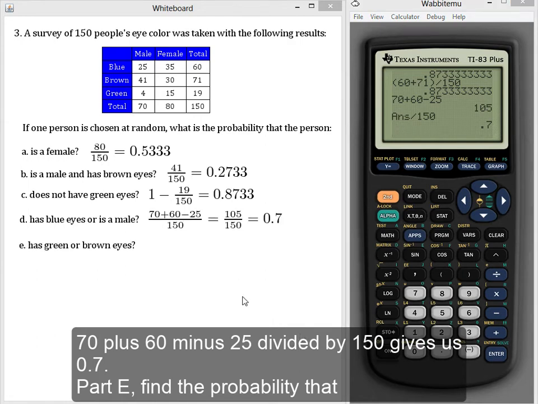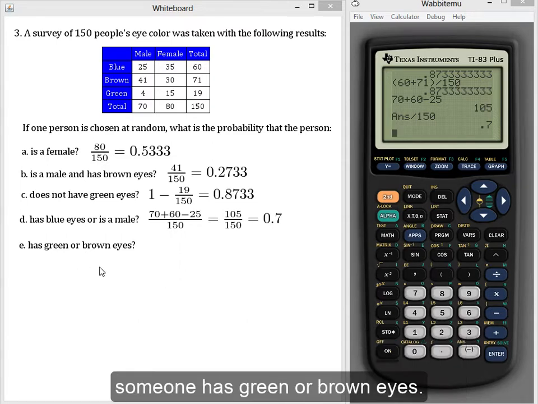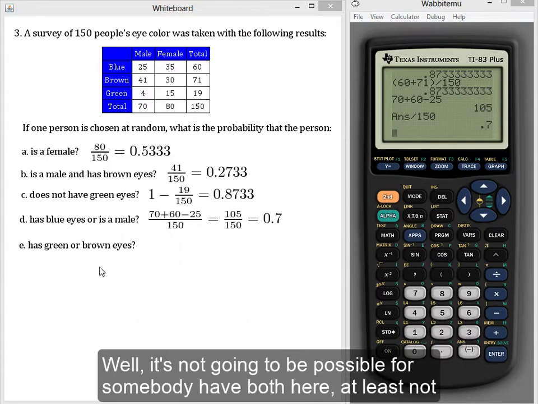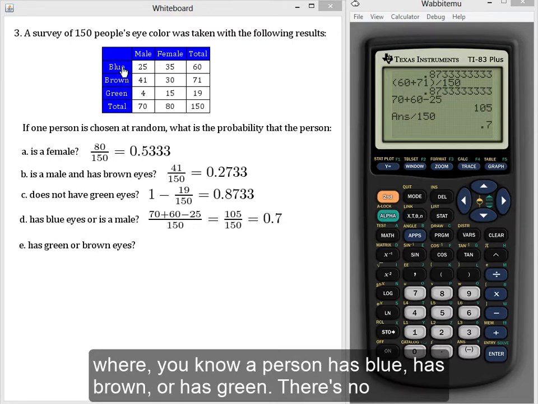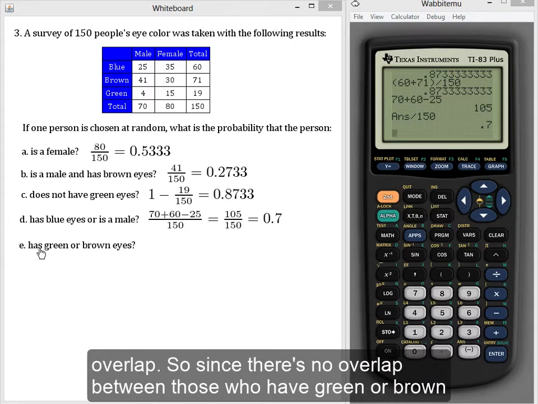Part E, find the probability that someone has green or brown eyes. Well, it's not going to be possible for somebody to have both here, at least not within our chart. We're always considering these contingency tables to where a person has blue, has brown, or has green, and there's no overlap.